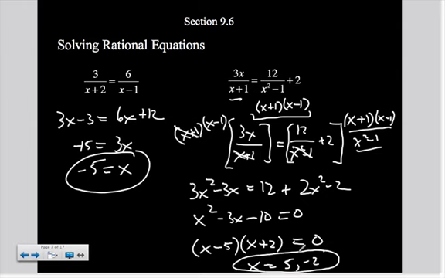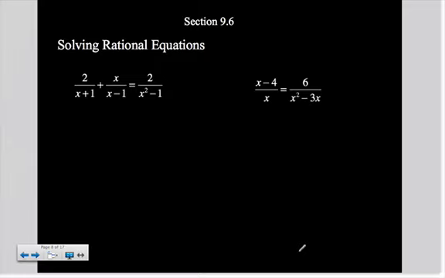Okay. Relatively straightforward. Two different things you need to learn how to do. Again, this side I would multiply by the least common denominator. This item I would cross multiply. The least common denominator in this case is x squared minus 1 again, just like the previous problem, because if I use these, I've already used that one once, I've already used that one once.